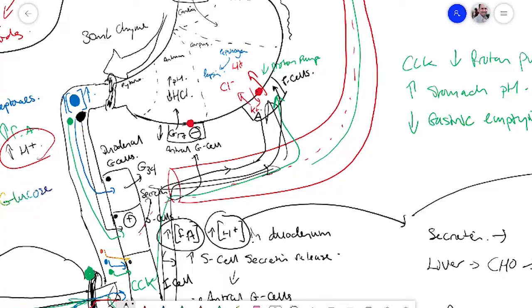And guess what, what do you think they're going to do? They are also going to decrease the proton pump. And then that's going to do everything else does. It's going to decrease the amount of hydrochloric acid. It is going to decrease the conversion of pepsinogen into pepsin. And therefore it is going to also slow down gastric emptying.